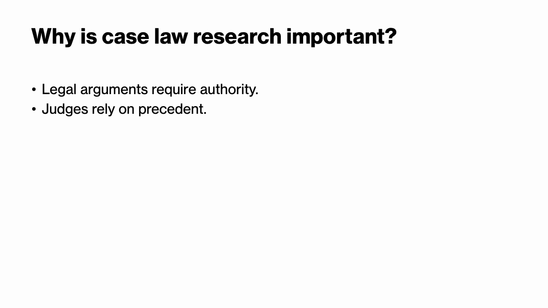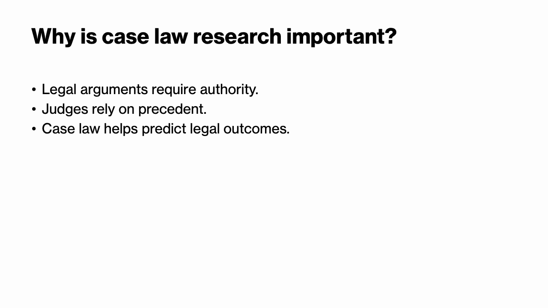Judges also rely on precedent. So the courts are going to look for previous cases that have already been decided when it comes to similar legal issues. If there is nothing that is binding in your jurisdiction, then the courts may consider the use of persuasive authority from other jurisdictions.